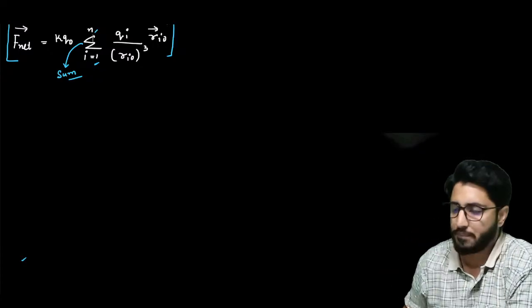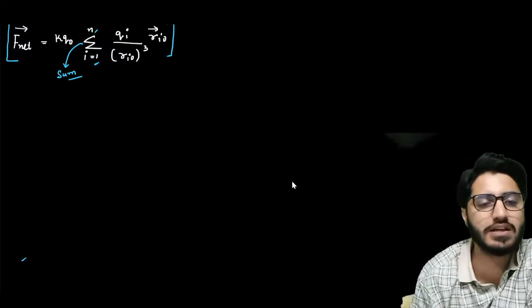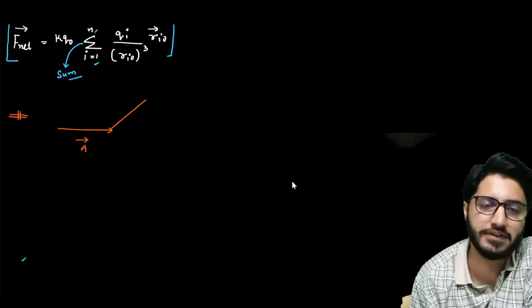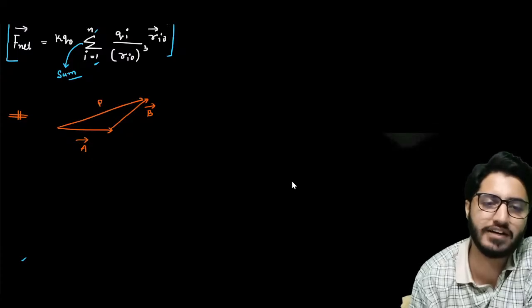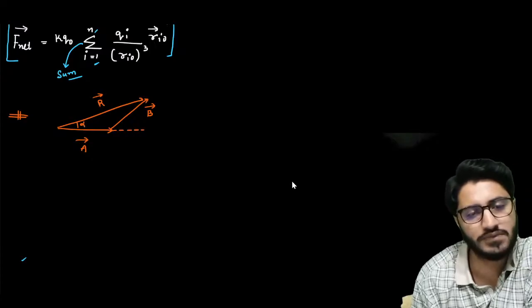Back in our 11th standard, if you have noticed, how to find the resultant of a vector. If this is my A vector, this is my B vector, this would be my C vector or my resultant vector. This is my alpha here, this would be my theta here, 90 here.